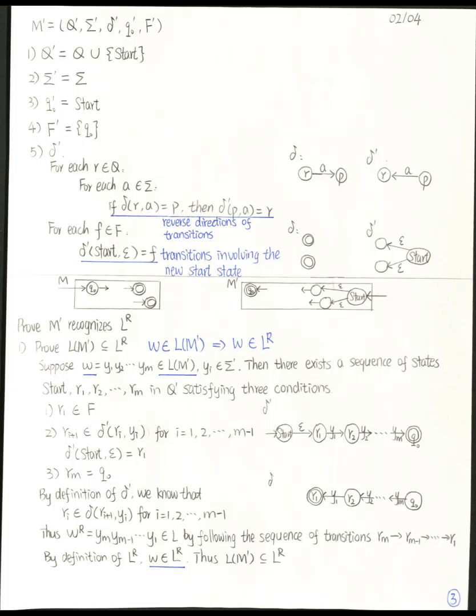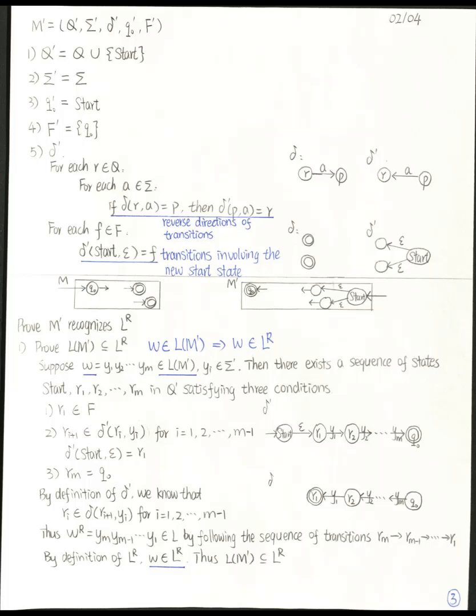And the start state of this new machine should be that new state, start. And the final states of this new machine should be Q0, because from the final states I reach backward. If I can reach this Q0, that means I have consumed all the symbols.